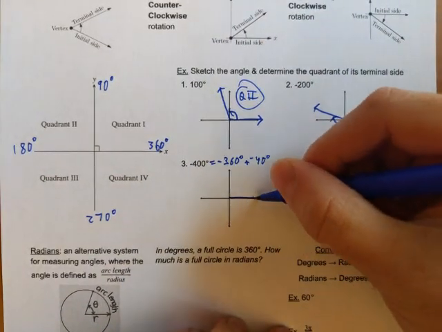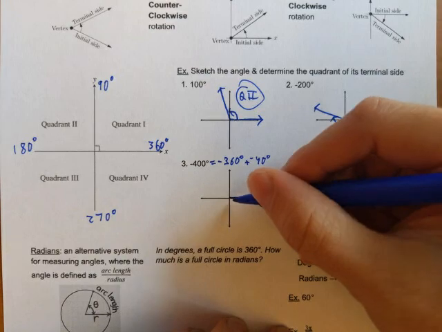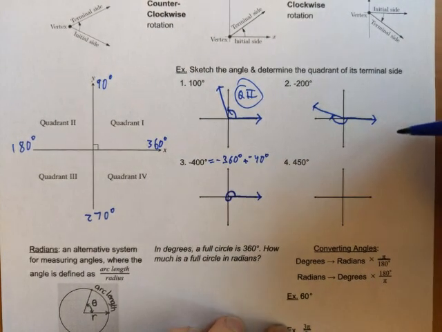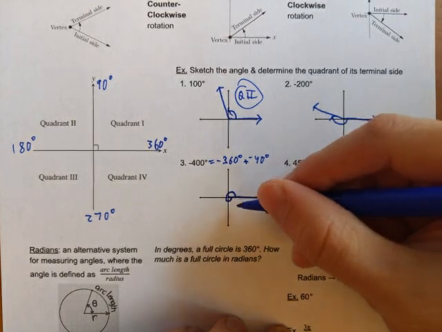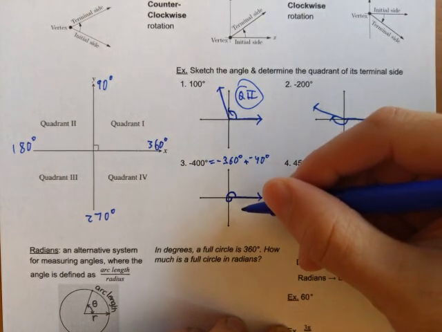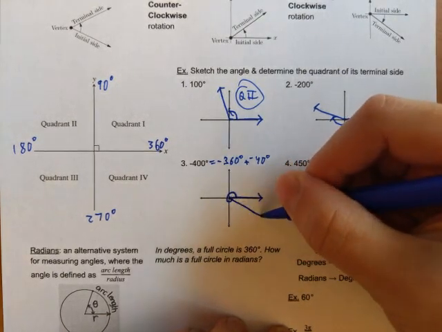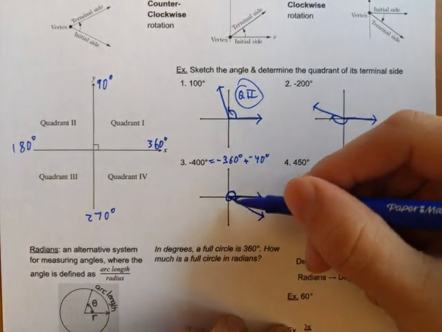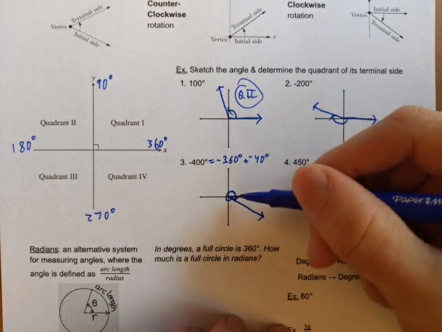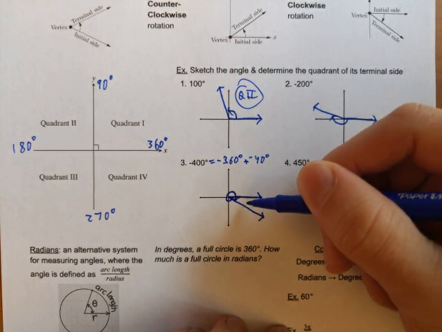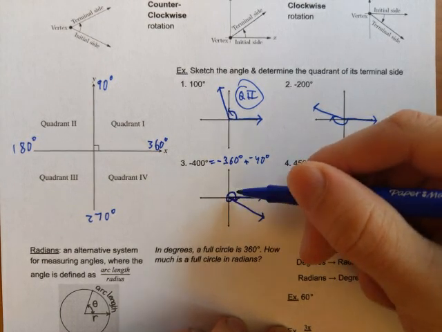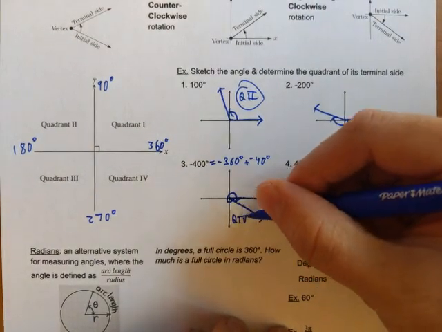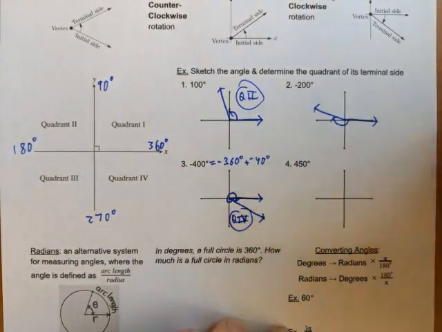So we're going to start at the same place, and then we're going to rotate backwards a full circle. And then after that, negative 40 is not too much more, so we're just going to be down here in quadrant 4, somewhere around here. And so again, we need this curvy arrow here to show us that we didn't just do a small little bit of rotation right there, we did a full circle and then a little bit extra. And then we're in quadrant 4 here.